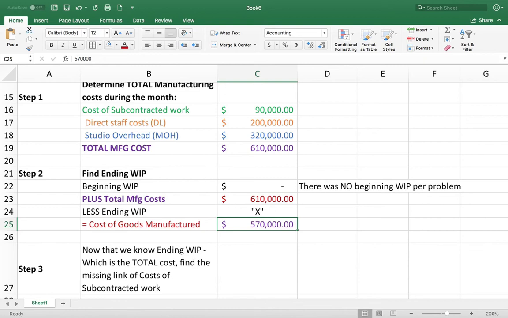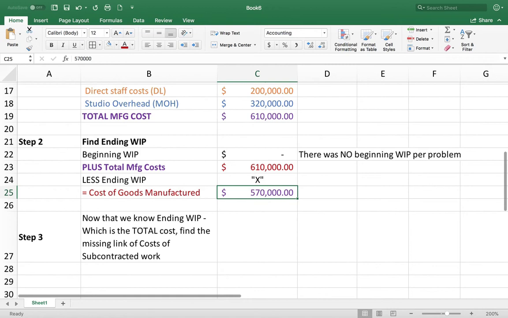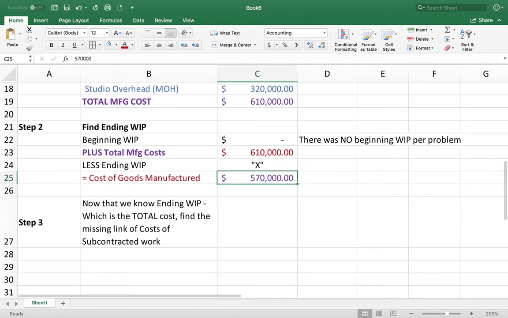Let me say that a different way. The beginning work in process plus what was added in, less what was taken out, is now our cost of goods manufactured. Okay, now that we know all of that, we can find our missing link.